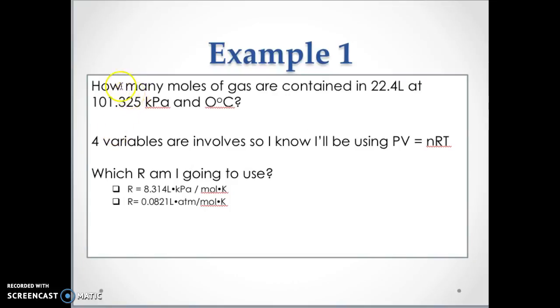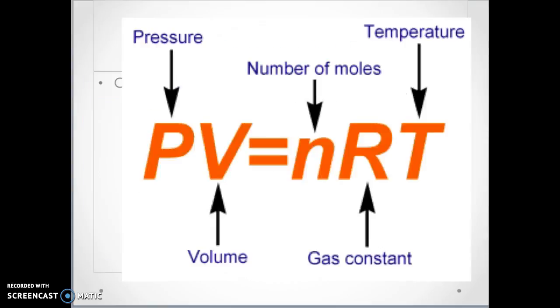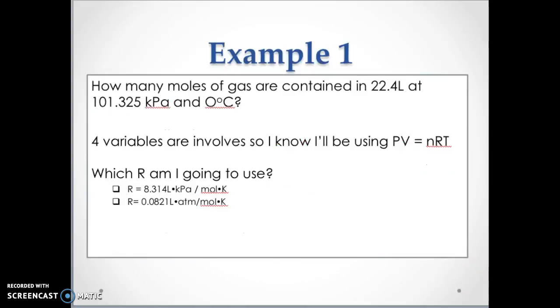So for this example, it says how many moles of gas are contained in 22.4 liters at 101.325 kilopascals and 0 degrees Celsius. So you look at the question and we're like, okay, it has moles, so we're obviously going to be using this equation because this is the only one that has n in it. So what we're going to do is write our formula down.